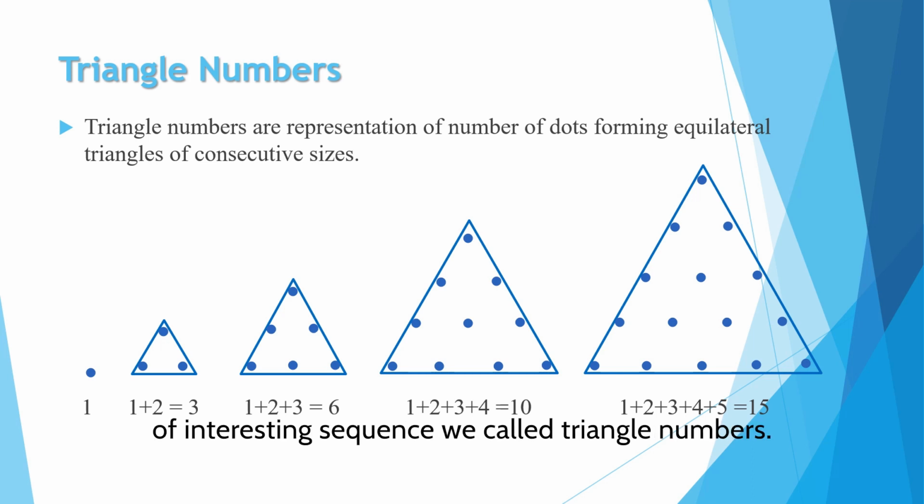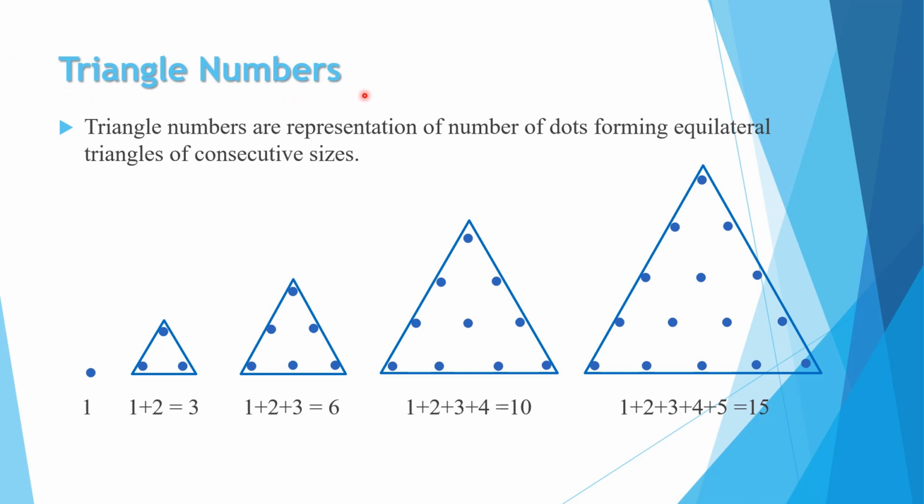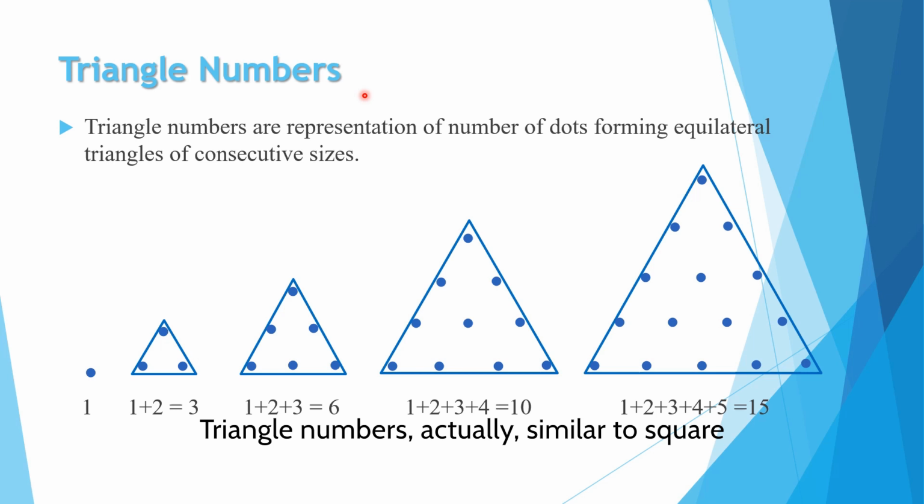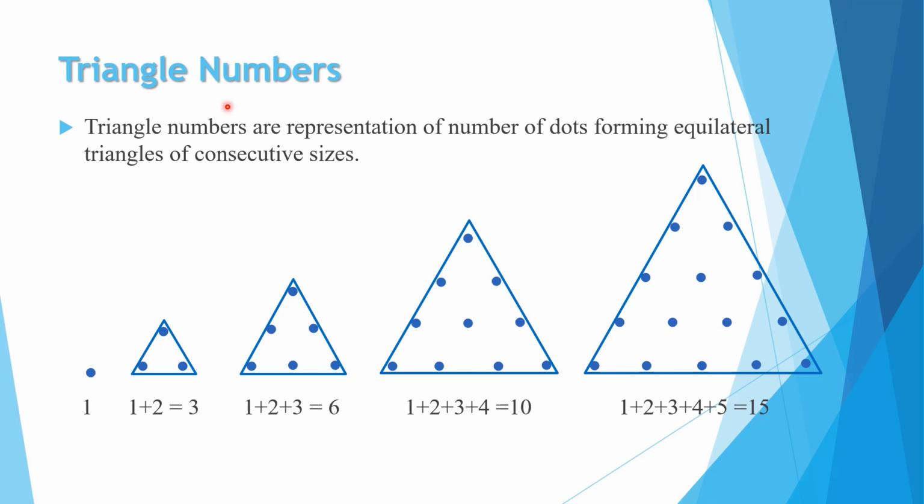And another type of interesting sequence we call triangle numbers. Triangle numbers, similar to square numbers, have no fixed ratio or fixed difference between adjacent terms, but still we can see a pattern there.